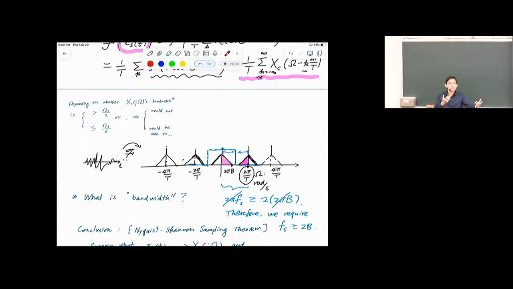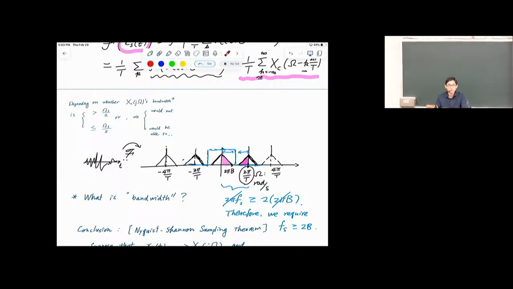And if you ever need to reconstruct the original signal, just apply a low-pass filter and then perform an inverse Fourier transform. Applying a low-pass filter and the inverse Fourier transform will give you back the original signal.